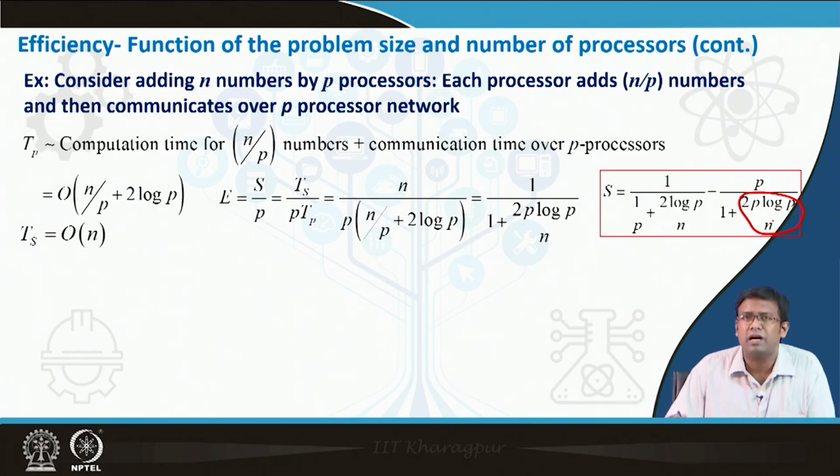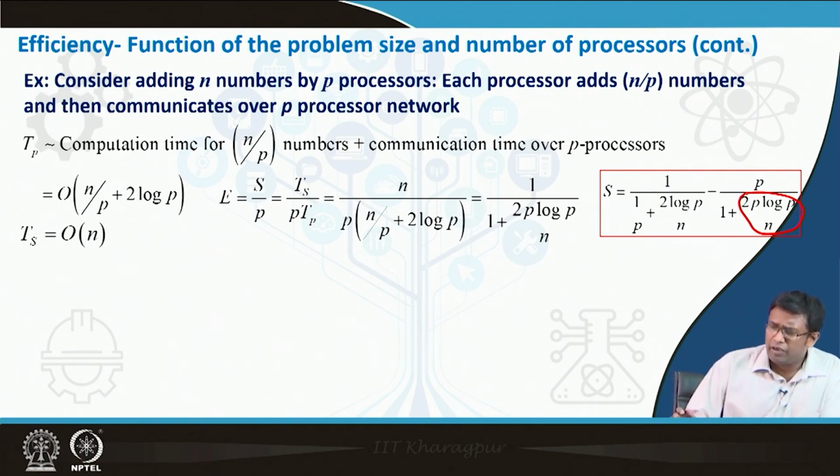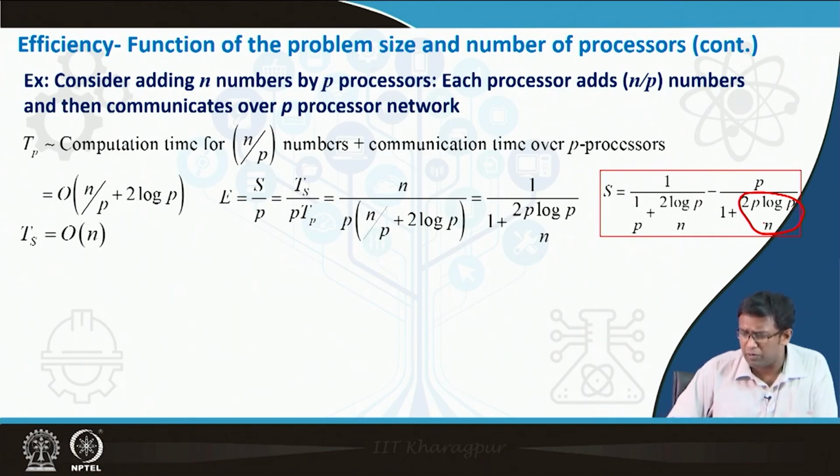But if n is large, if we are solving for a large number of numbers to be added, the problem size is itself large, then this term will be a small number and S will tend to P. So if we are solving in a single processor, overhead is 0, but there is no point in discussing a single processor parallel system.